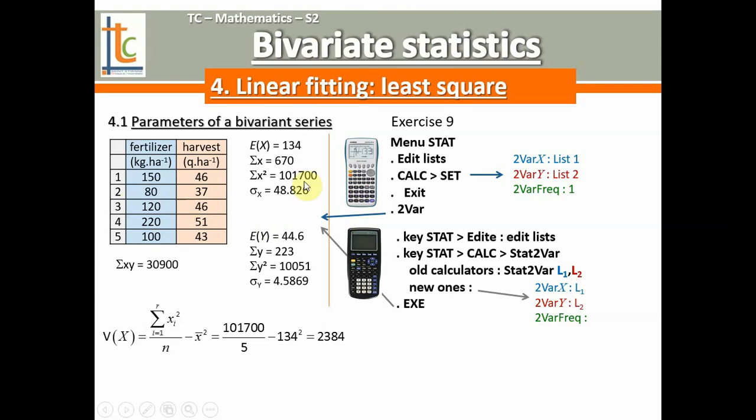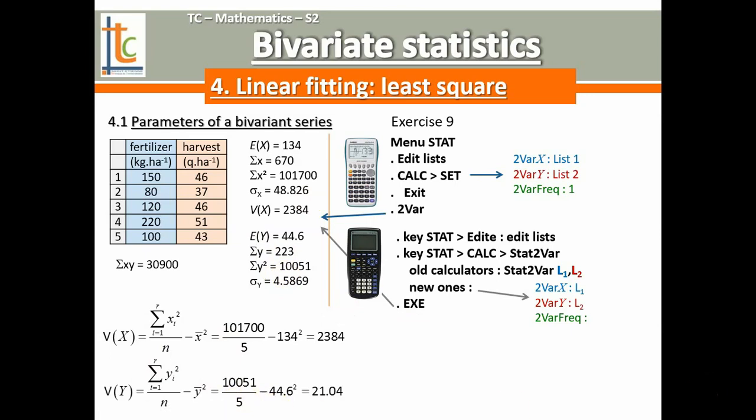So this is a value that is given, in fact, by the calculator. 5, this is the number of pairs xy, 5 rows here in this chart. And as a result here, 2,384, which is positive, obviously, and whose square root equals 48.826. Same for y again, using, of course, the result calculated on y, exactly in parallel to x, okay?